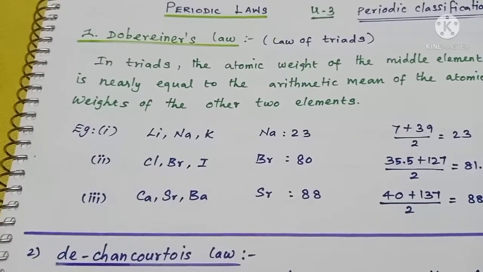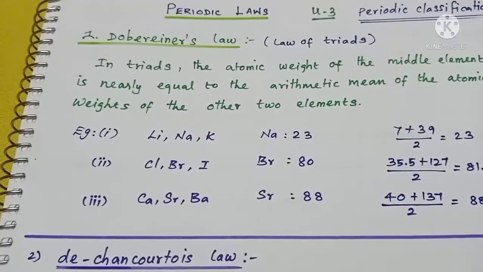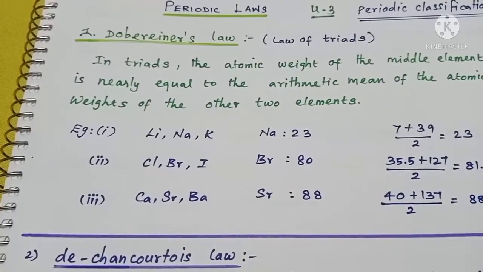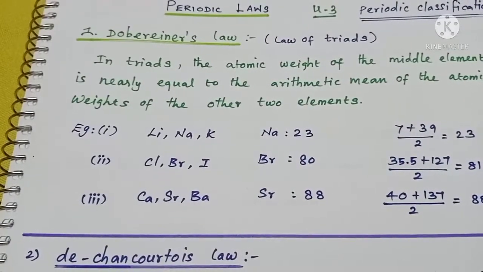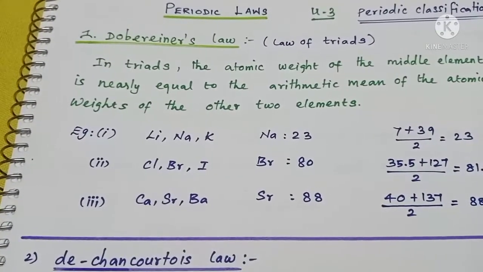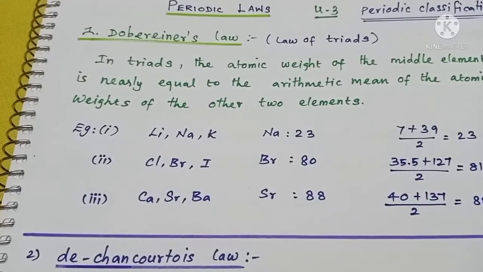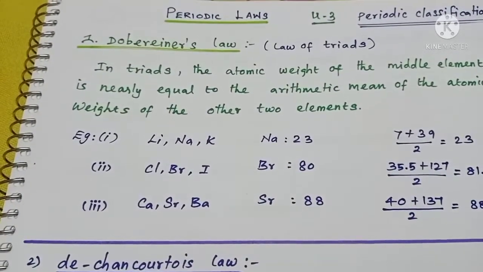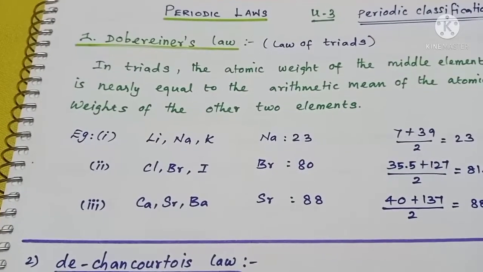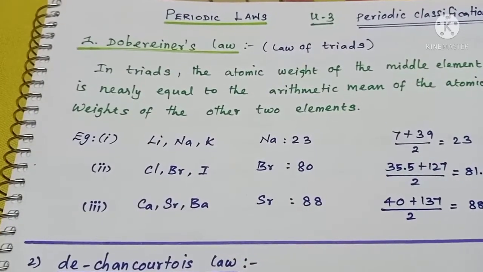Let us see some examples for that. He kept lithium, sodium and potassium in a single group. Lithium's atomic weight is 7, potassium 39. The average of these two numbers is 23, which is the atomic weight of the middle element sodium. Similarly, another example: chlorine, bromine, iodine.